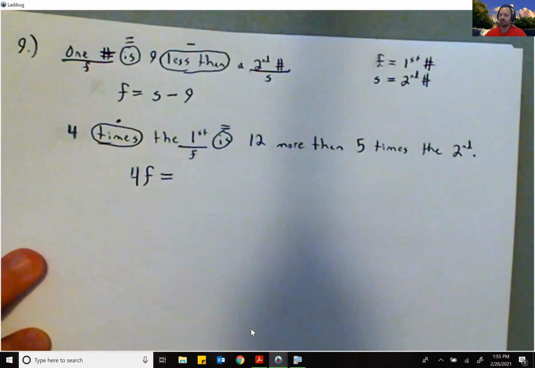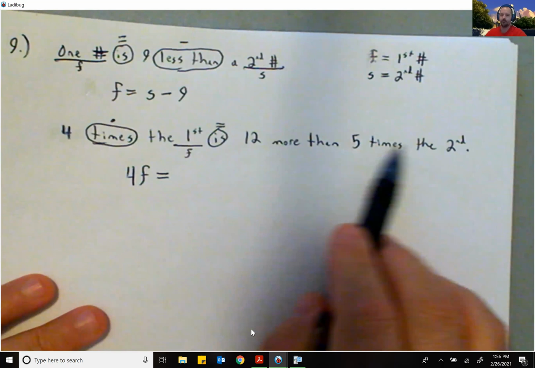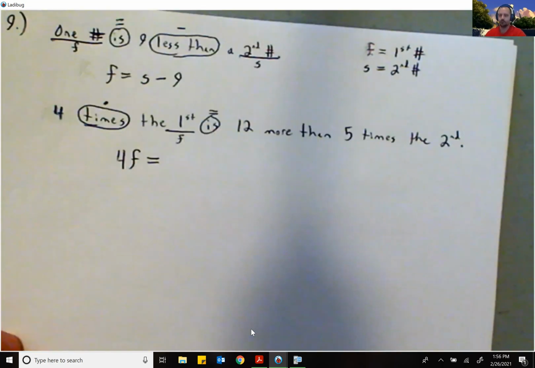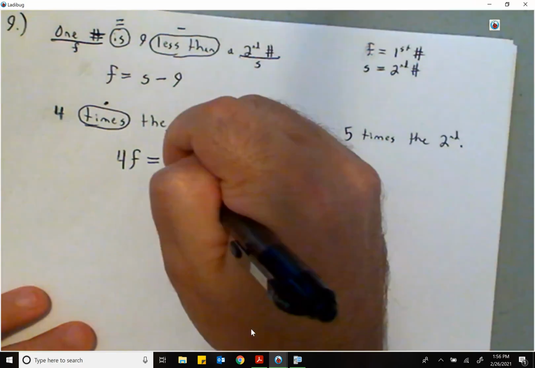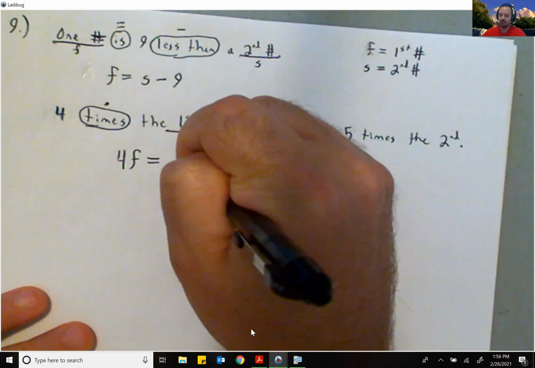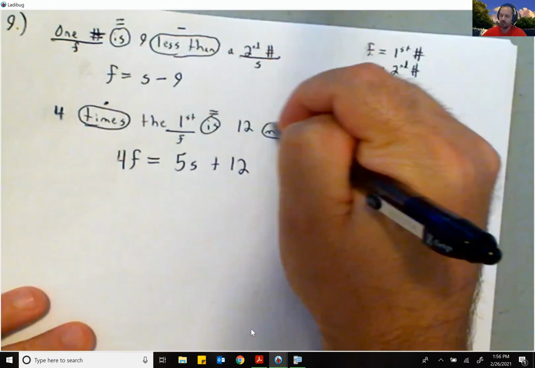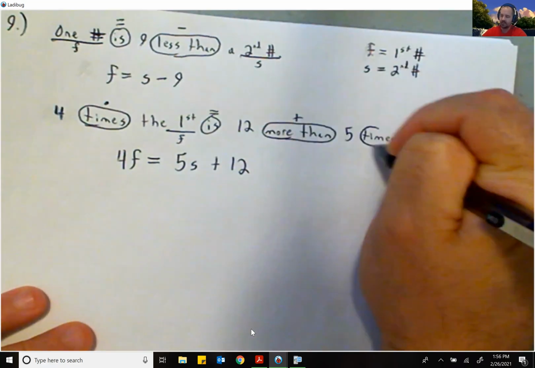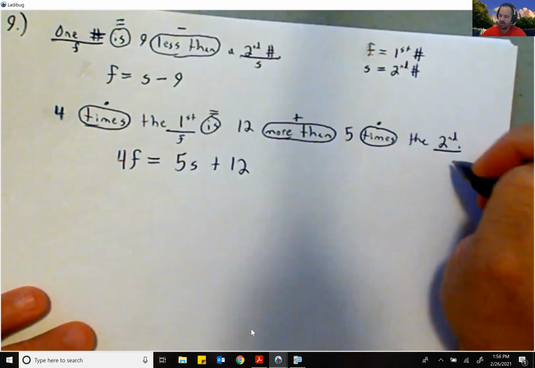Now this one says 12 more than 5 times the second. What's going on there? 5S plus 12. Because more than is all about addition. And you got multiplication there. And remember that we called the second number S.